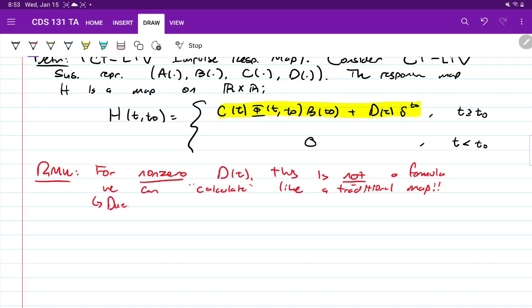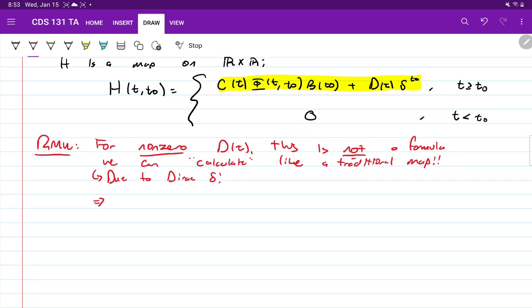So we should only really be using this in the context of things like integration and convolution. These are contexts in which we actually understand what this delta is doing. So it should be used with integration or convolution.